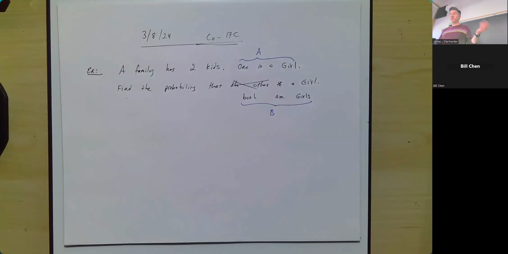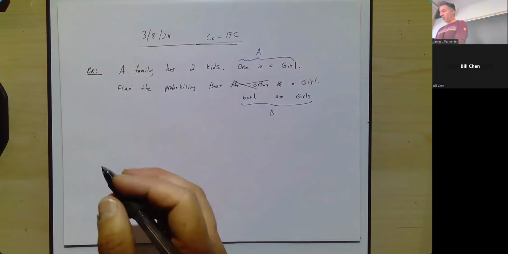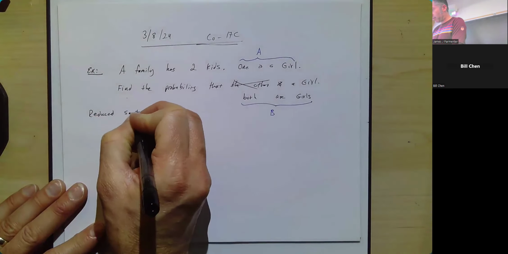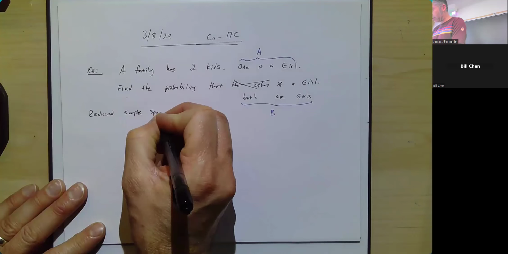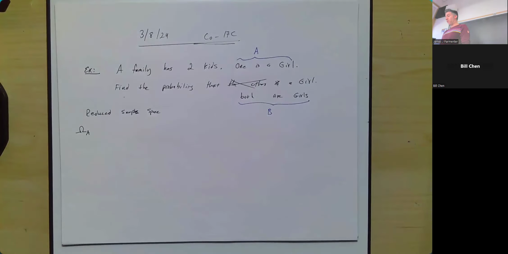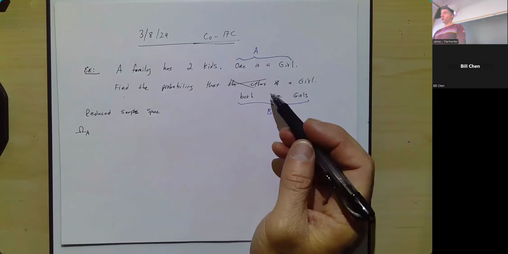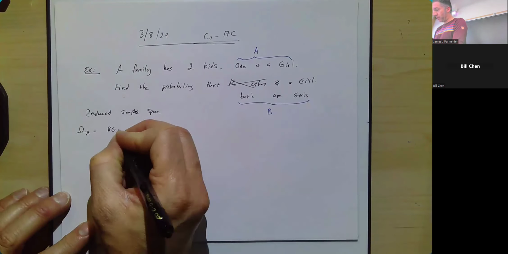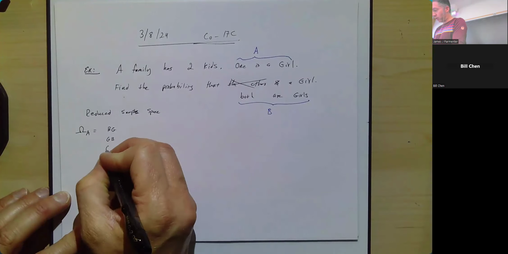So there's a couple ways to view this. I'm usually a fan of what I typically refer to as the reduced sample space method. So knowing that one of them is a girl, our reduced sample space, which I'm going to write as omega A, the sample space for event A having already occurred, is either a boy then a girl, or a girl then a boy, or a girl then a girl.